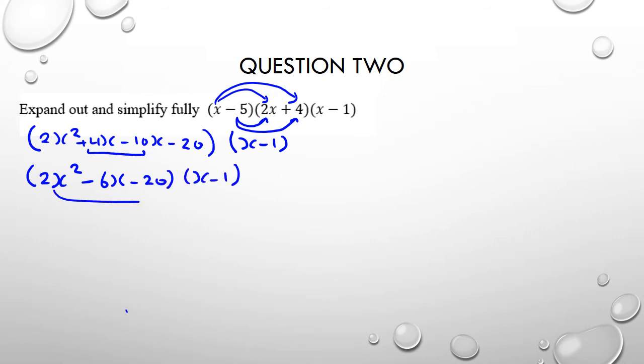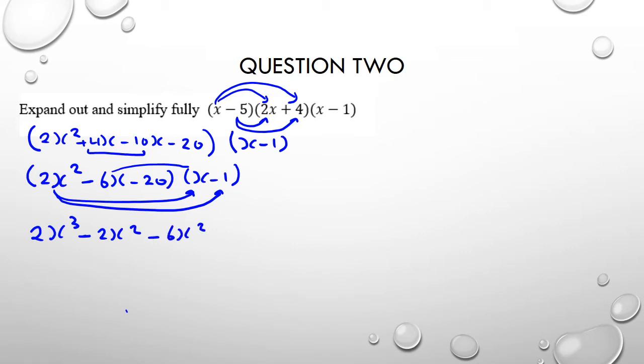Now I'll expand again, and that gives me 2x cubed. And then this one here is negative 2x squared. Then I would do the negative 6x times x, so it's negative 6x squared, and then positive 6x, and then I've got negative 20x, and then positive 20.